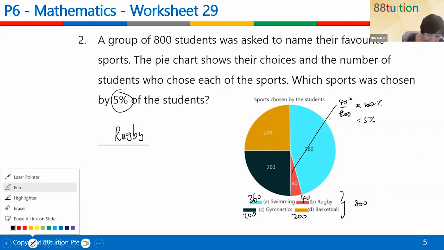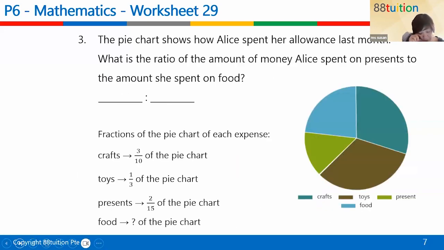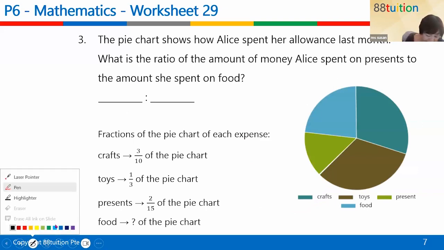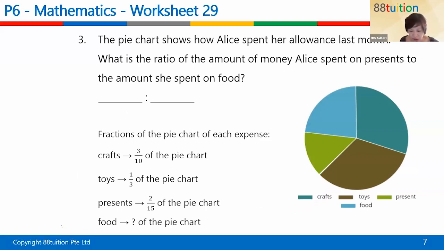Okay. Next question. Number 3. The pie chart shows how Alice spent her allowance. He wanted the amount of presents to the food. So the fraction on such expenses, the craft itself is this one, craft. Probably I use black.